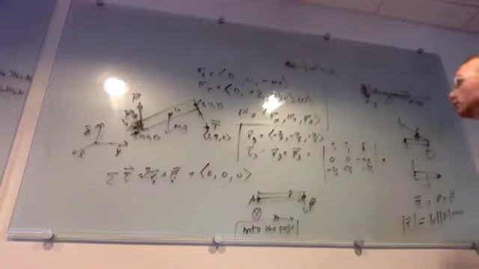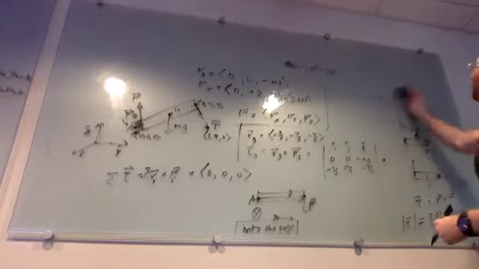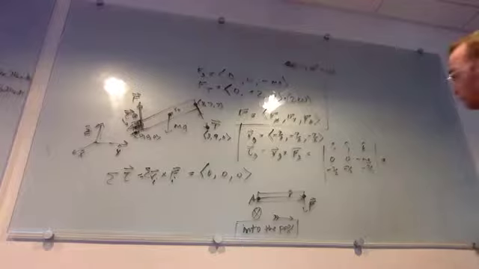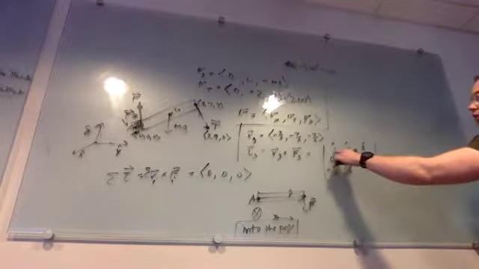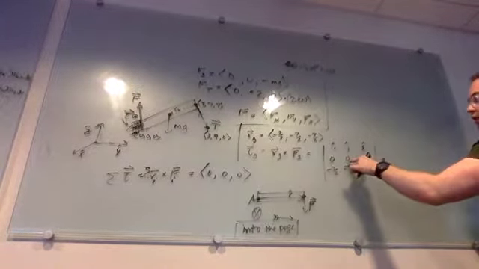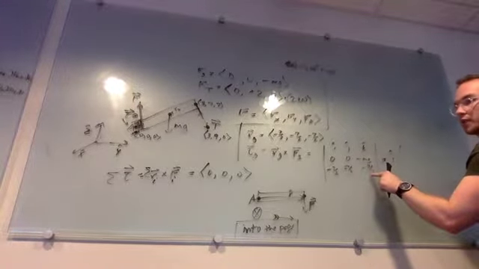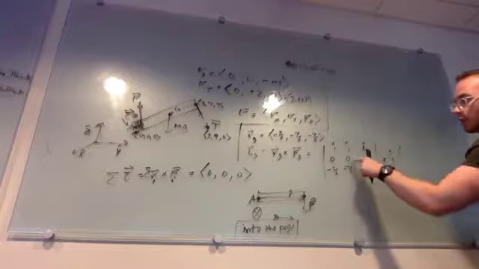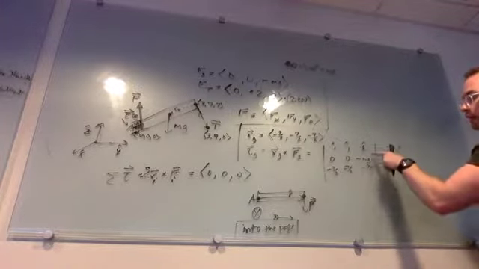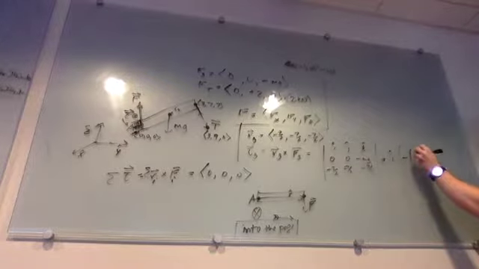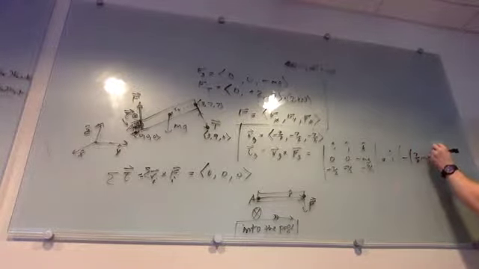And then we get I hat times, and it's going to be this times this, minus this times this. Now this times this is 0, minus mg times minus 7 halves, which is plus 7 halves mg.